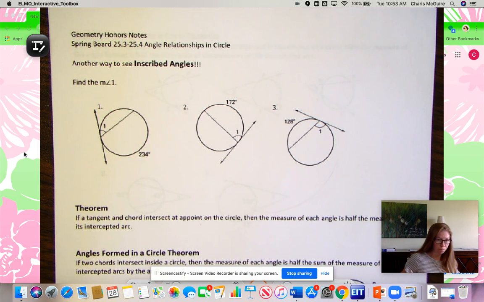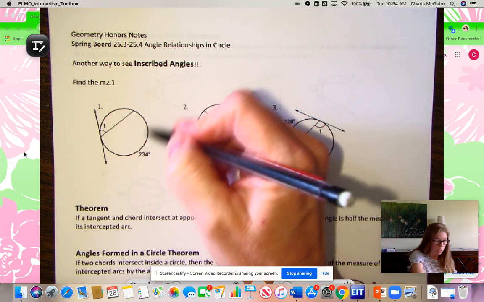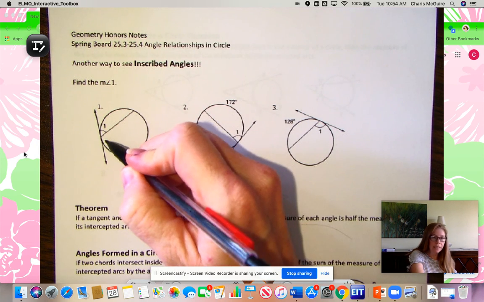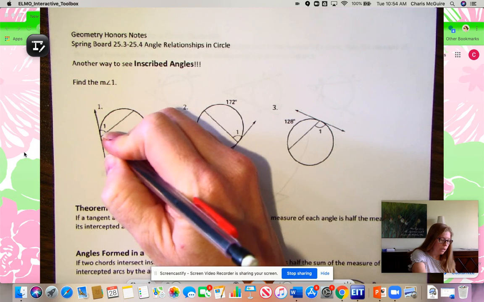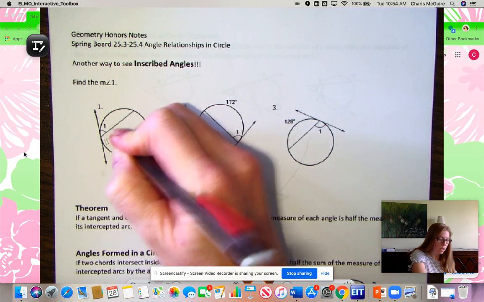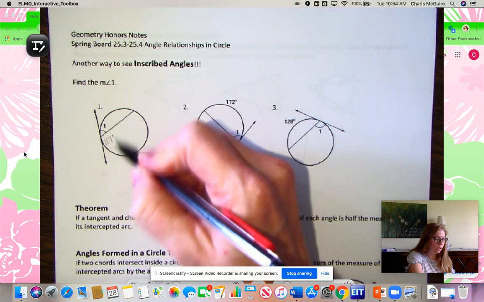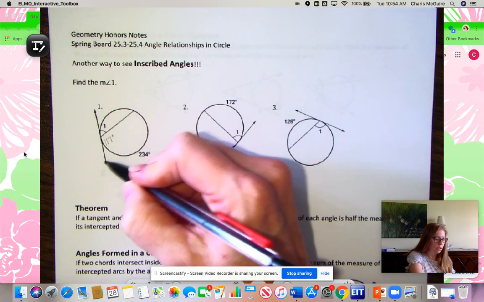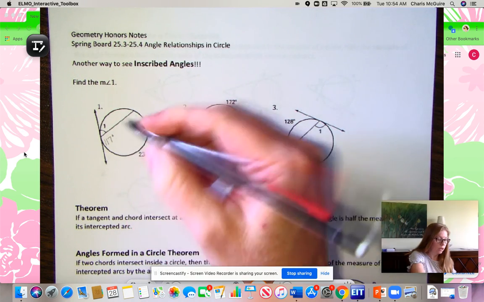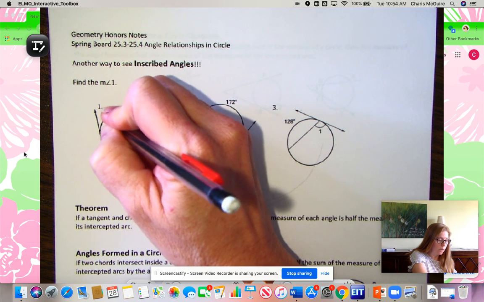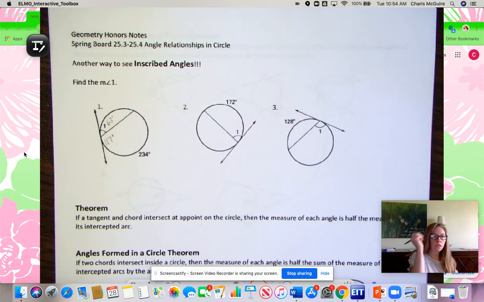This arc is 234 degrees, which means that this inscribed angle would be 117 degrees, all right? And then you have the angle which is supplementary, right? These two angles are supplementary to each other, which means the measure of angle 1 would be 63 degrees here.